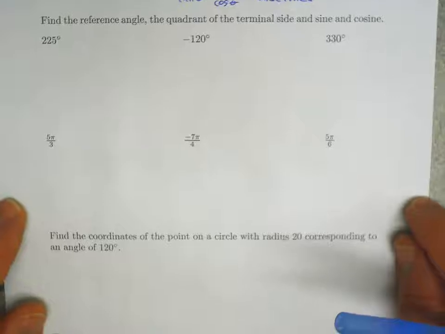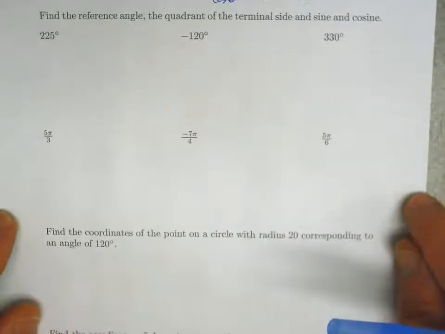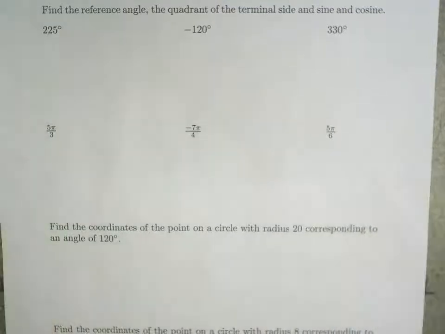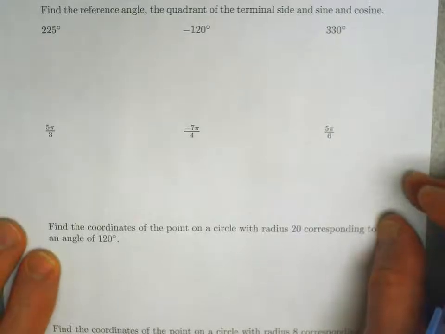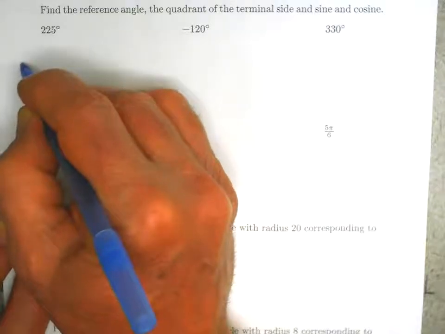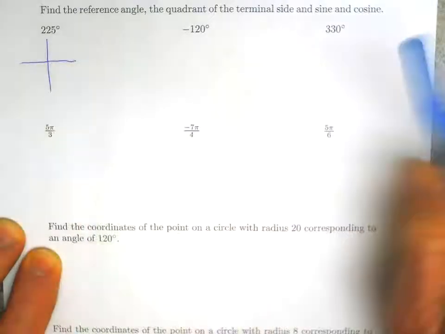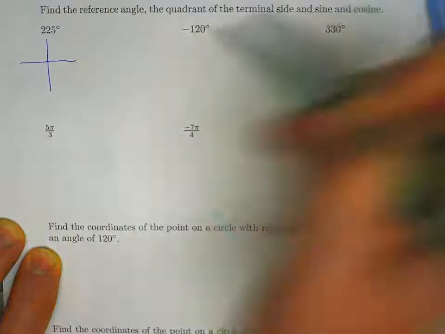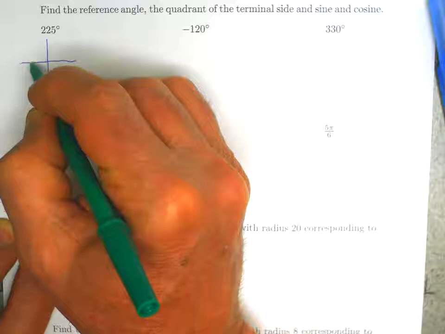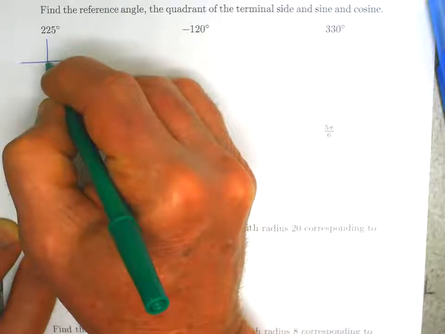Okay, we have some more examples of angles. We'll want to find the reference angles, identify the quadrant of the terminal angle, and then evaluate sine and cosine. Okay, so 225 degrees. So if we move counterclockwise, there's 180, so plus 45.